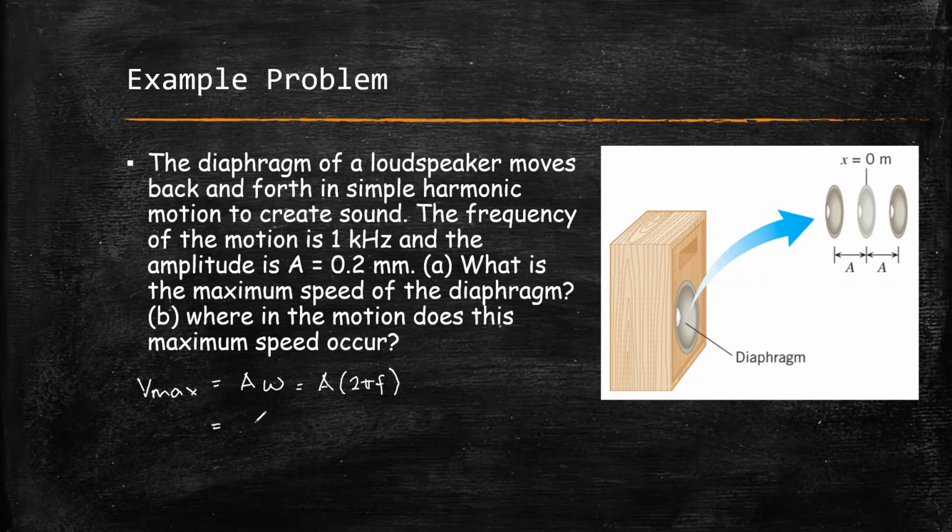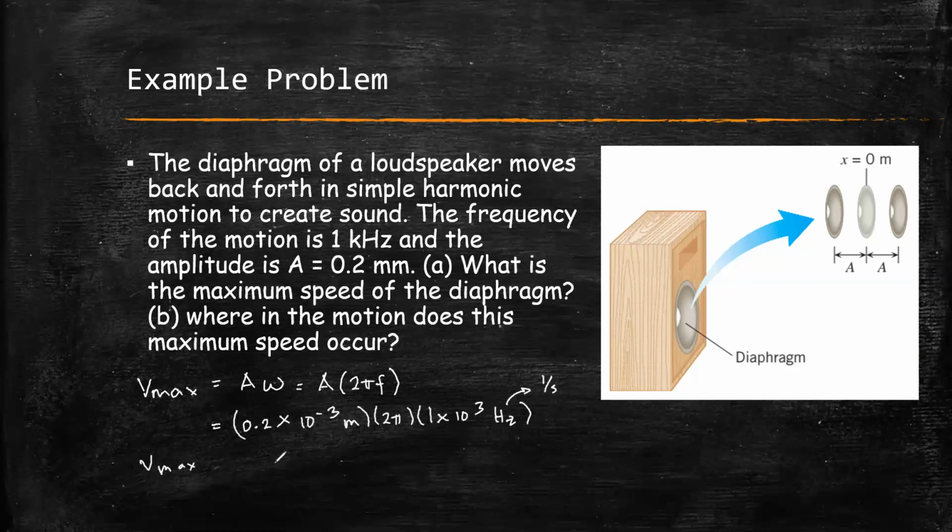So substituting the values, we have 0.2 times 10 raised to negative 3 meter times 2 pi times a frequency of 1 times 10 raised to 3 hertz. And we know hertz is equal to cycles per second, or 1 over seconds. Therefore, our Vmax is equal to 1.3 meters per second.